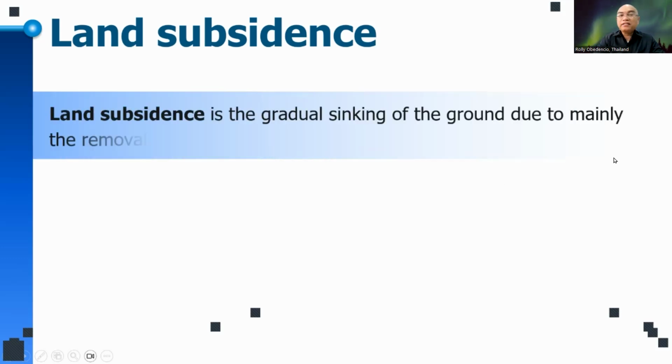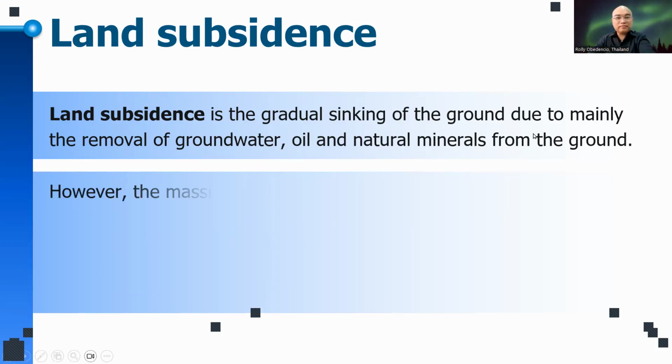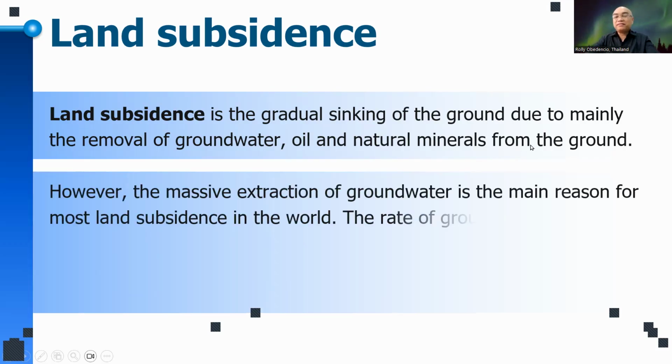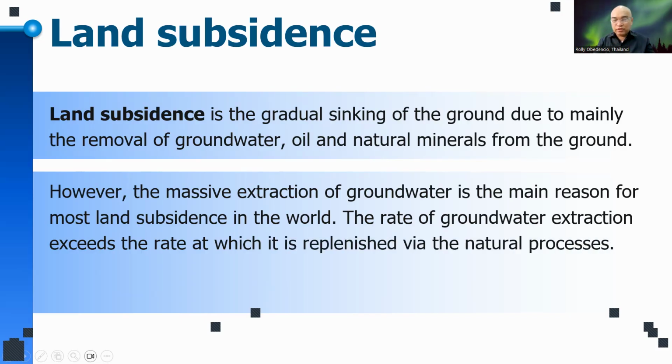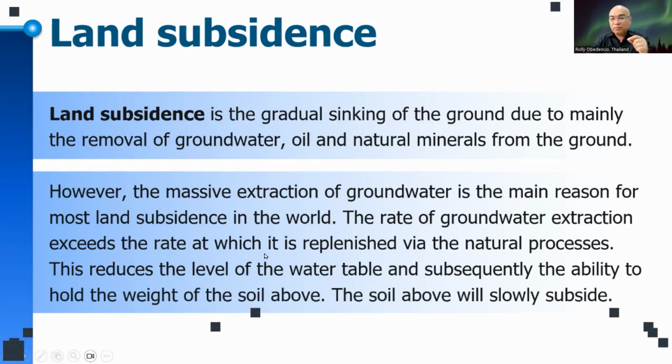But now, what about land subsidence? What is land subsidence? Land subsidence is the gradual sinking of the ground due mainly to the removal of groundwater, oil, and natural minerals from the ground. However, the massive extraction of groundwater is the main reason for most land subsidence in the world.